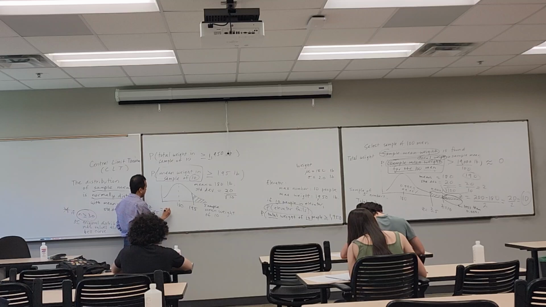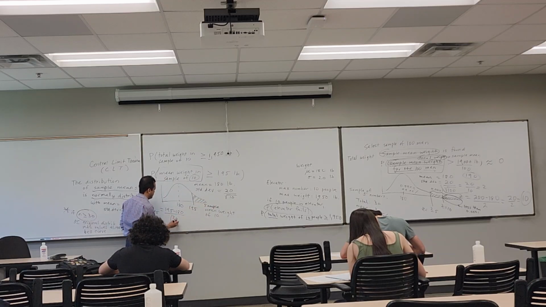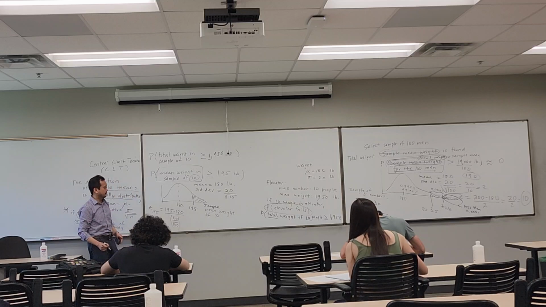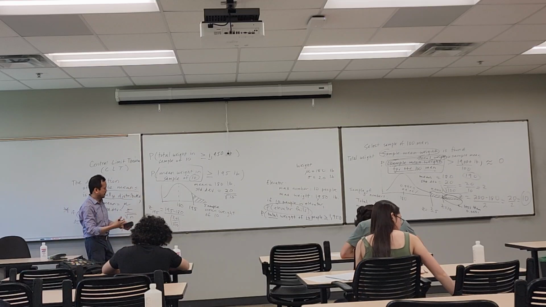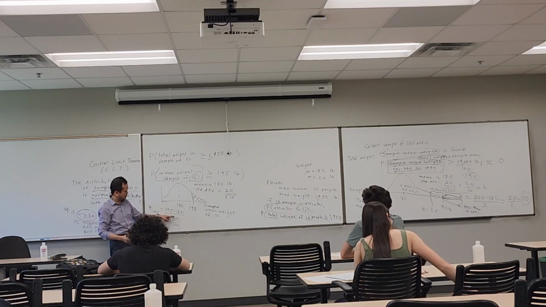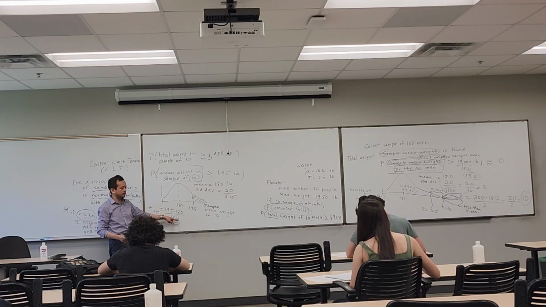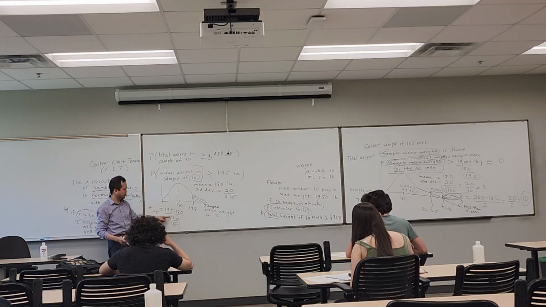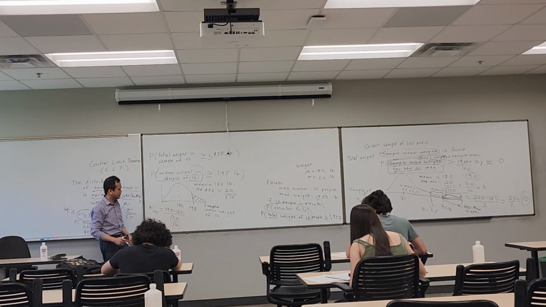So this will be 195 minus 180 divided by this new standard deviation, which is 20 divided by the square root of 10. If you punch this in your calculator, make sure that you're dividing by the entire 20 over the square root of 10, so you can use parentheses to ensure that.